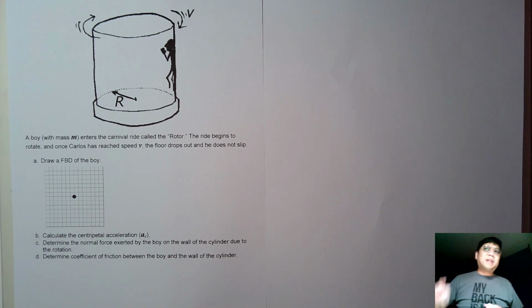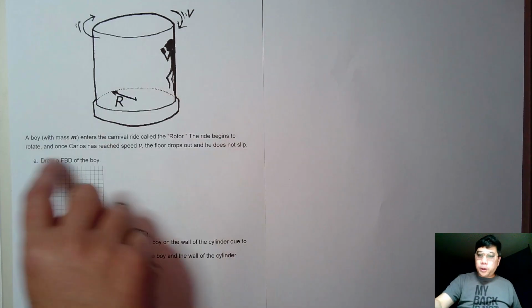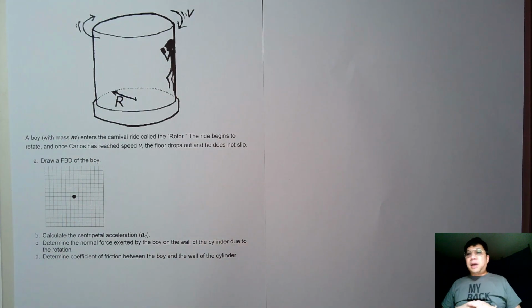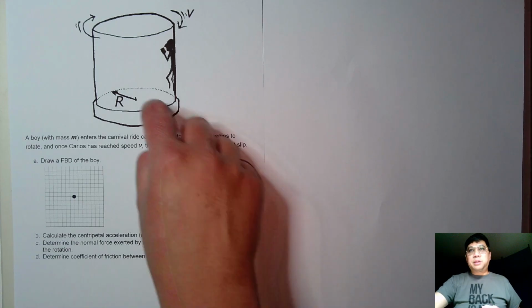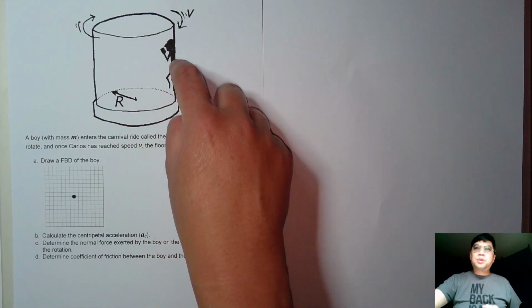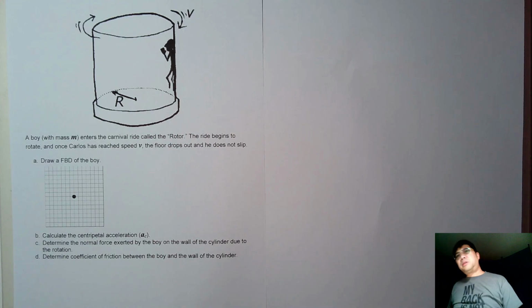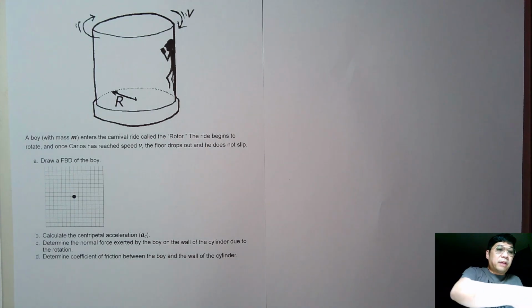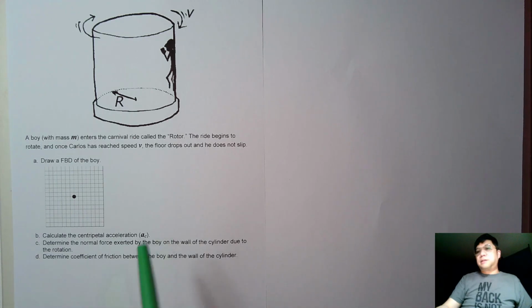So what is it that's preventing this rider, a boy with a mass m, as soon as he reaches the velocity with a certain radius r, what do you think prevents him from falling? We all know it's because of force. So dynamics.